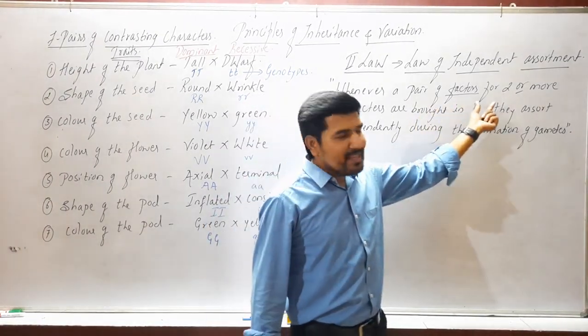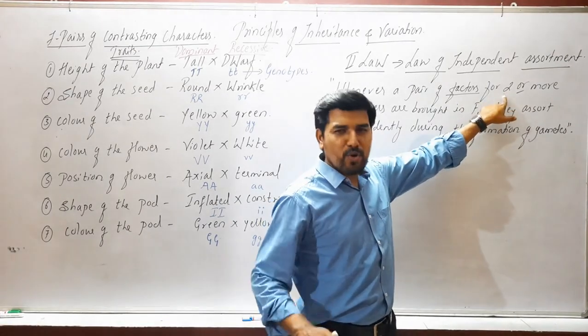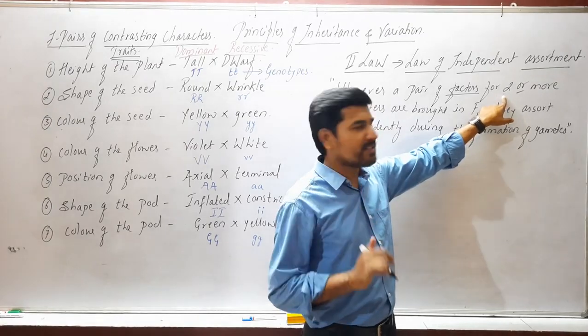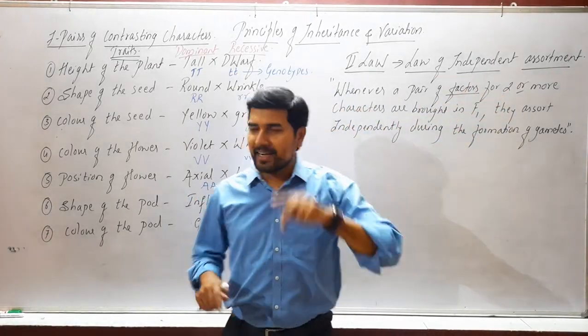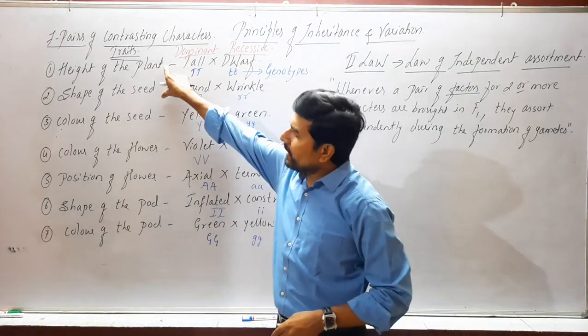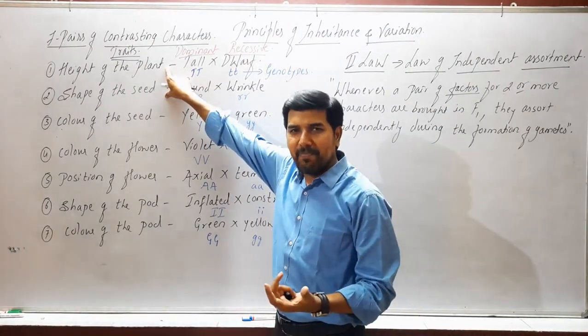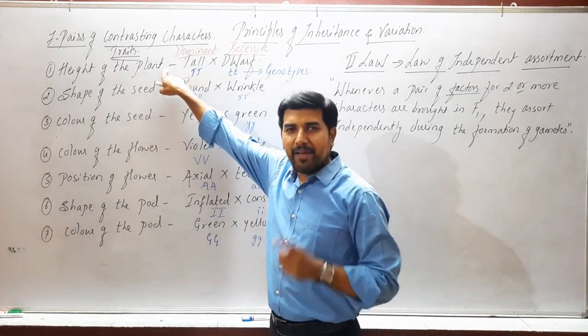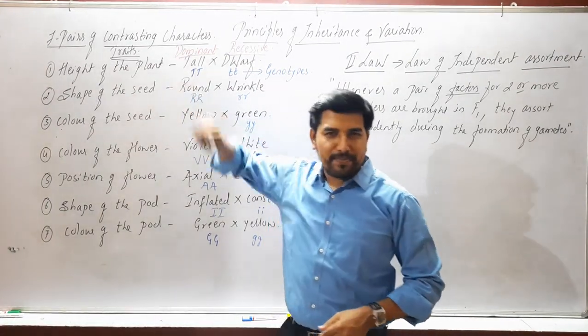If we take these two characters at a time, then we call it a dihybrid cross. If we are taking only one character at a time, we call it a monohybrid cross.